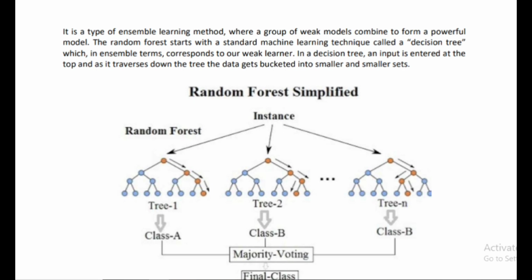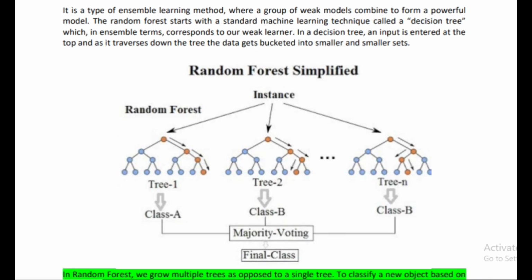Random forest simplified. There is an instance and a random forest with tree 1, class 1, tree 2, class B, up to tree N, class B, then majority voting, then the final class.